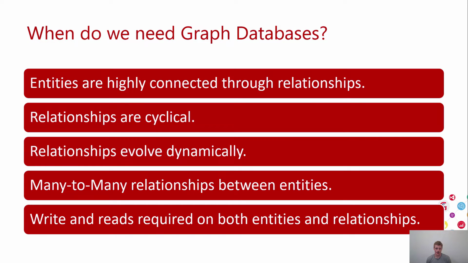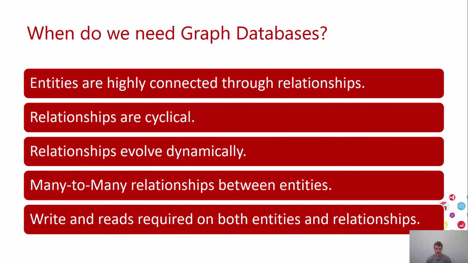If there are cyclical relationships between our entities or our entities are self-referenced, we can use graph databases. This pattern is often a challenge when using relational or document databases. So this is where graph databases have the edge when our data has this characteristic.